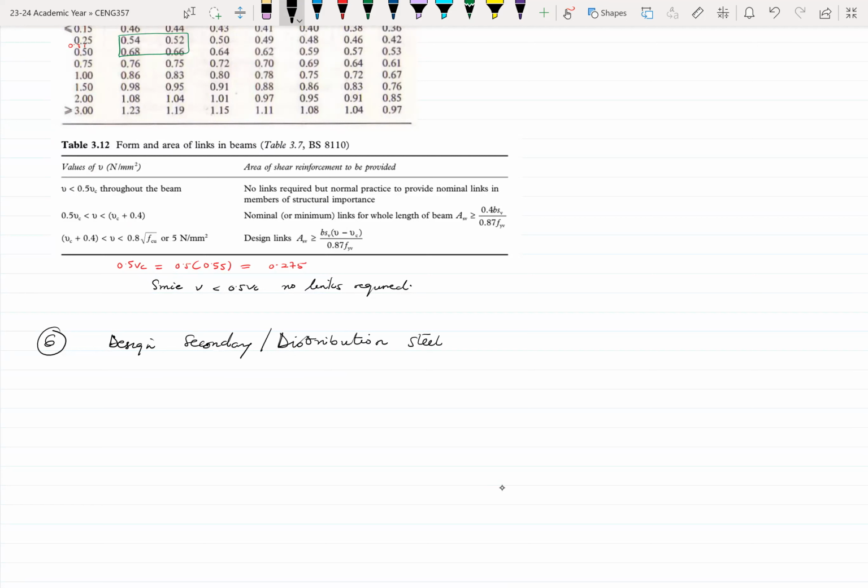Since our Fy is 460 newtons per millimeter squared, provide the minimum area.